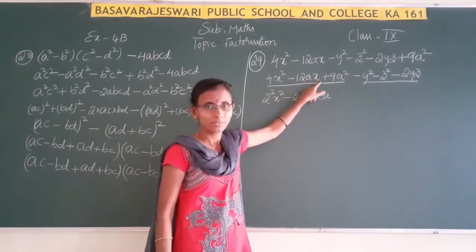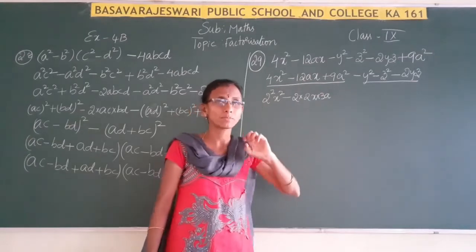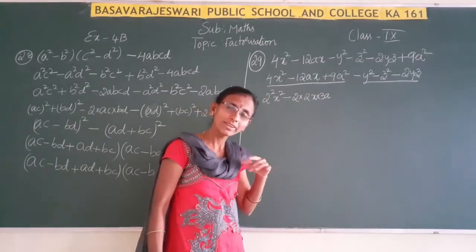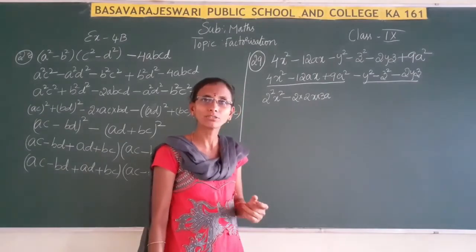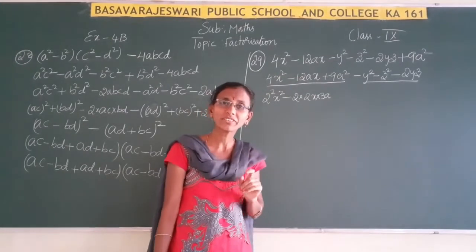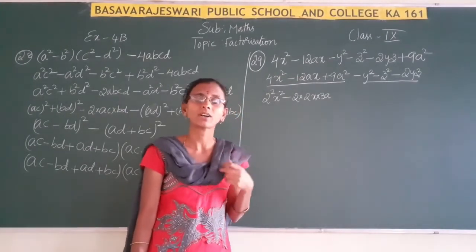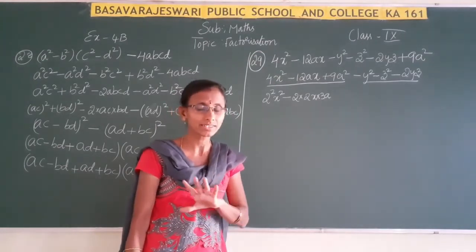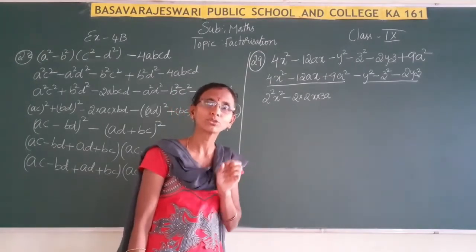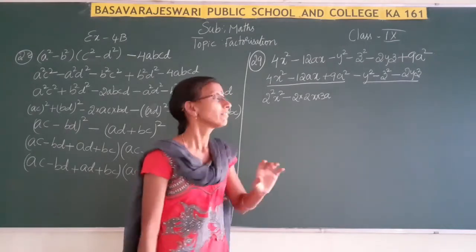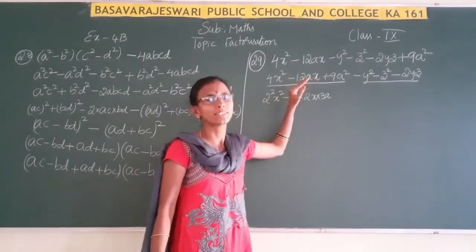So whenever we are splitting, we have to take the numbers such that even if we simplify, we get the previous one only. In such a way you have to either split, or add and subtract, or multiply or divide. Any extra terms we take, we have to do so in such a way that if we simplify, we get the same previous expression itself.